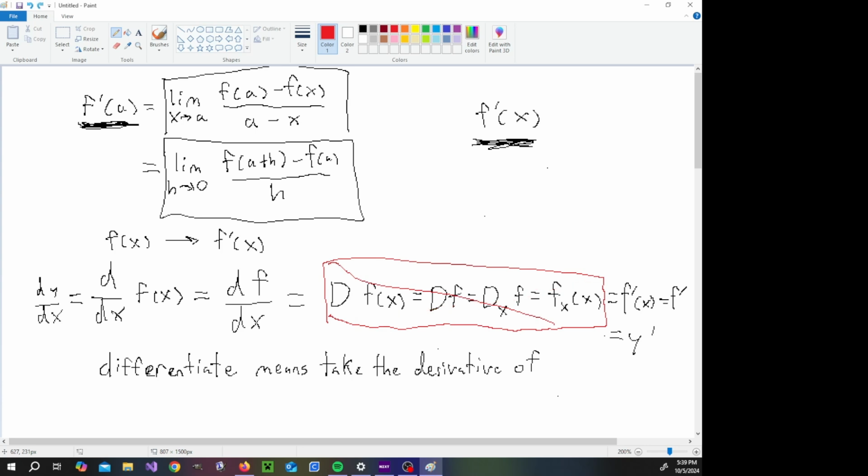Also, the fact that we have dx here becomes really important in the context of multivariate calculus. If I have a function f with two variables, x and y, then saying derivative with respect to x could be different than derivative with respect to y. But we're not in multivariate calculus, so we don't really care about functions that look like that. Realistically, the with respect to part is not super important to us right now.